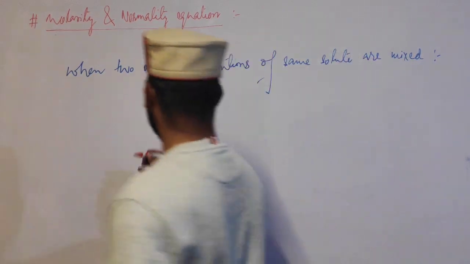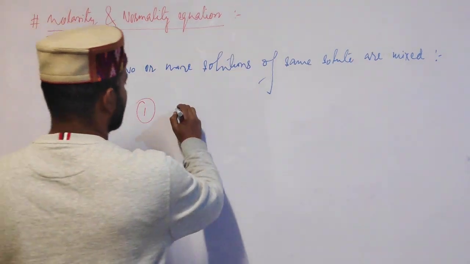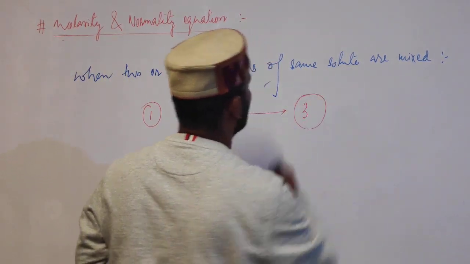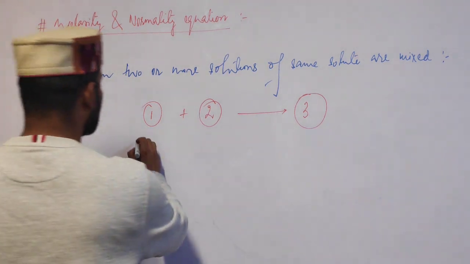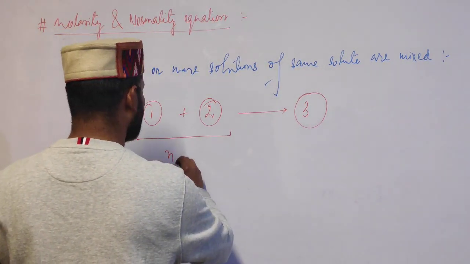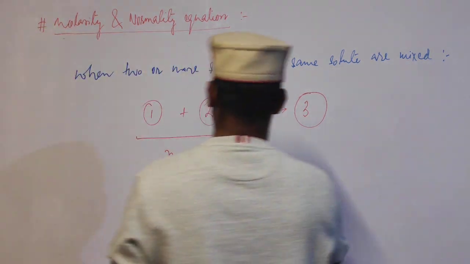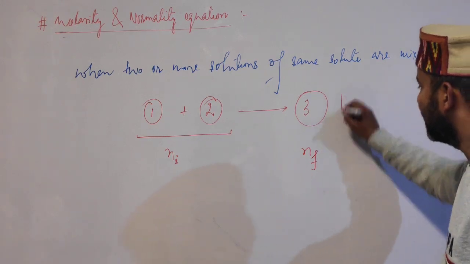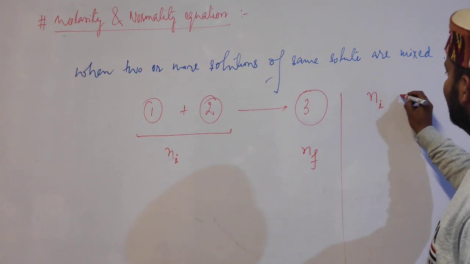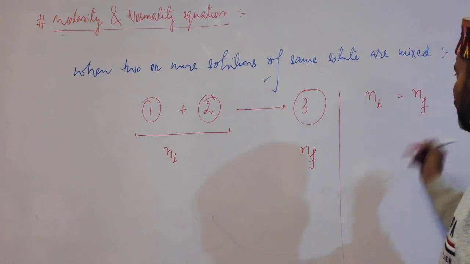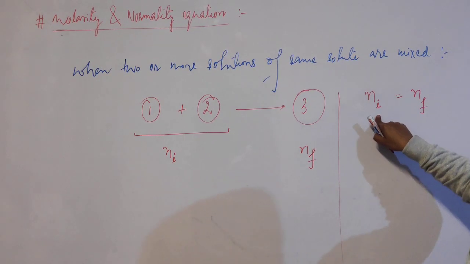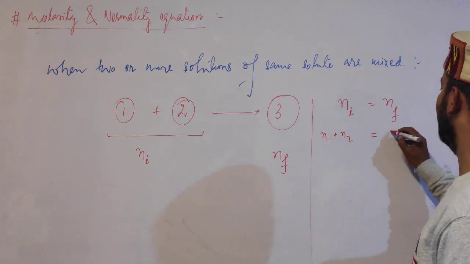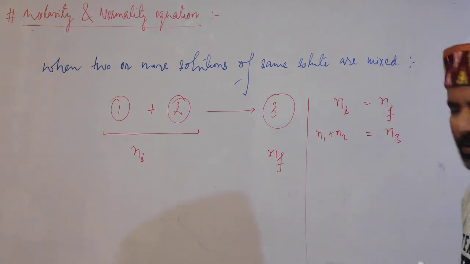So if two solutions, 1 and 2, are mixed to form a third solution, 3, the basic fundamental is that the number of moles of solute in the initial solution and in the final solution are equal. That is, Ni is equal to Nf. F is for final. Initially we write N1 plus N2, and finally we have N3, but N1 plus N2 is equal to N3.